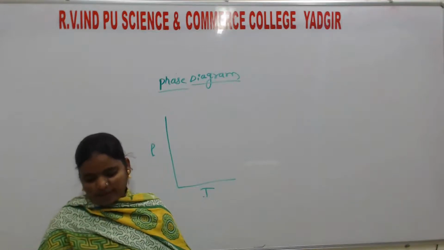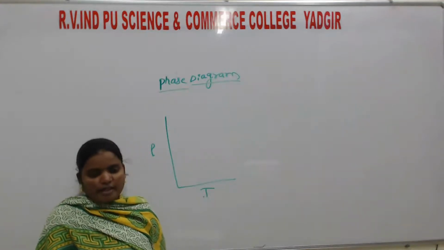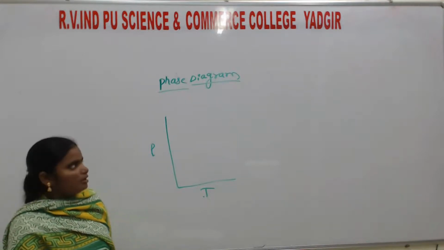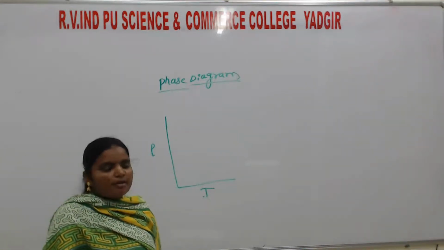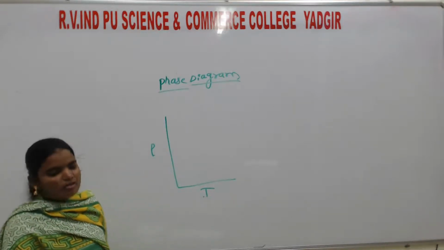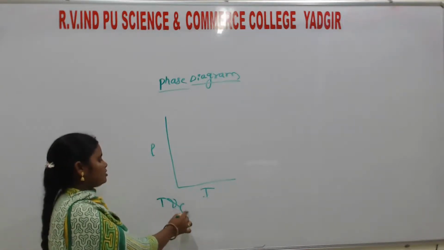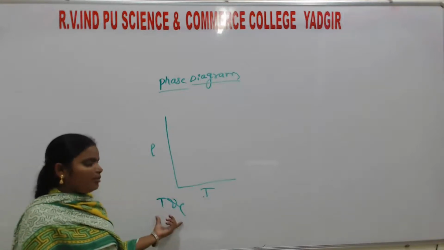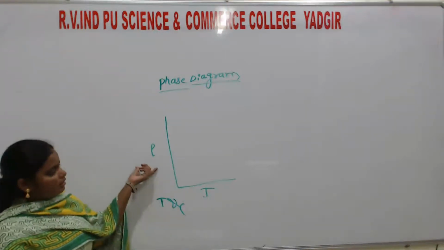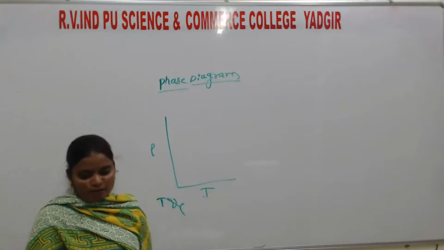The number of phases which can exist at equilibrium at any time depends only on the conditions of temperature and pressure, or of temperature and concentration. If we take temperature and concentration with pressure constant, it is a TC diagram; if we take pressure and temperature, it is the PT graph.